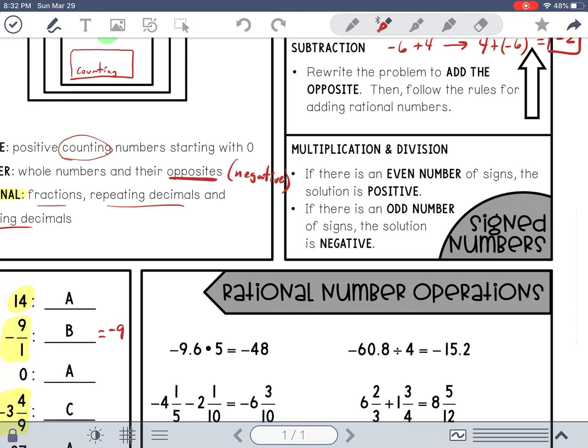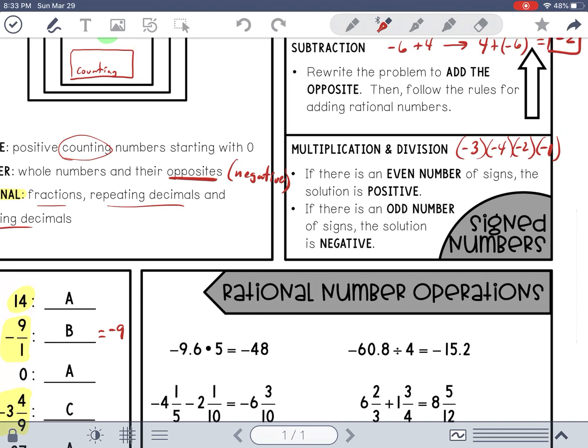Finally, multiplication. If there's an even number of signs, then that solution is positive. What that means is if you have -3 times -4 times -2 times -1, you've got an even number. There are four negative numbers, so that answer will be positive.